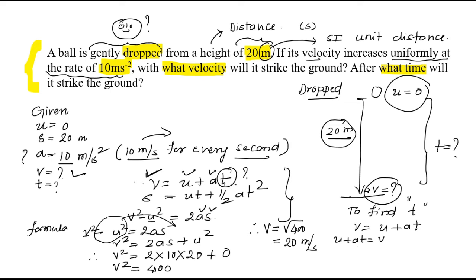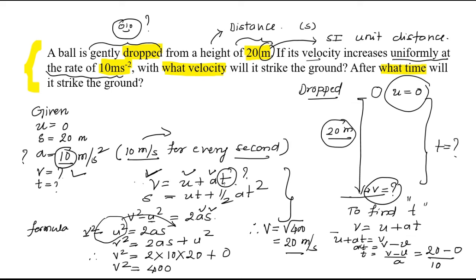So at is equal to, because I want t, v, and this u comes on this side, it becomes minus, and therefore t is equal to v minus u divided by a. Since it's a multiplication here, it becomes a division. So I'll try to complete here. Therefore t is equal to, v is how much? Just now we have found, that is 20 minus 0, divided by acceleration, which is 10.